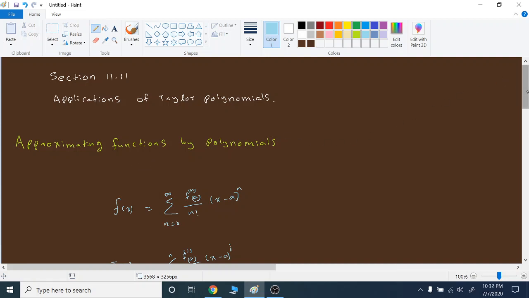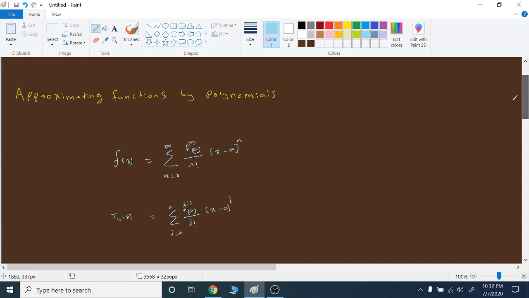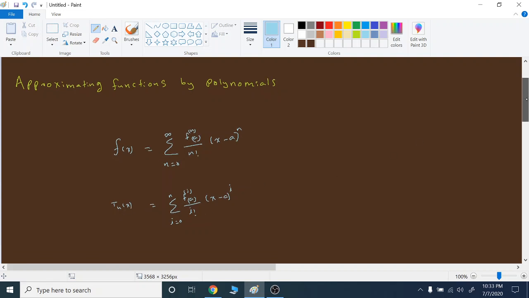Okay, so let me remind you about the basic structure of a Taylor polynomial. Now f(x) is the function, this is the Taylor series, and this is what we may call the nth degree Taylor polynomial. Here you have only up to the nth power.